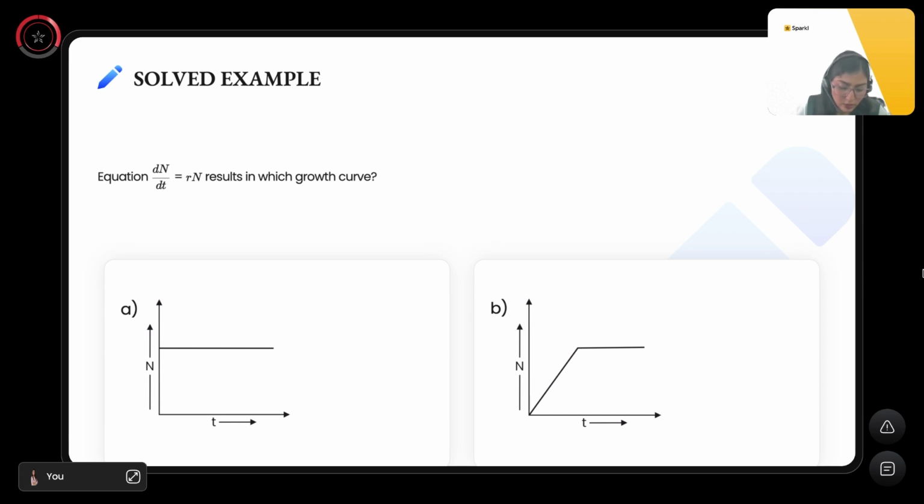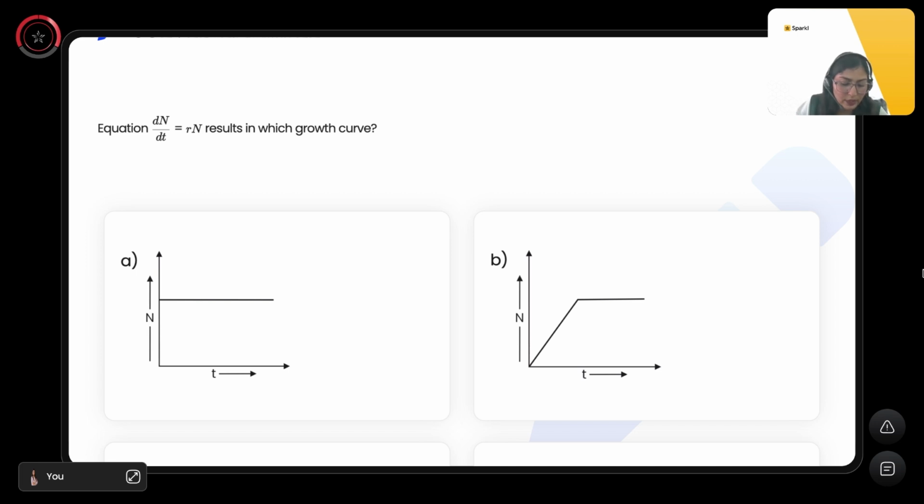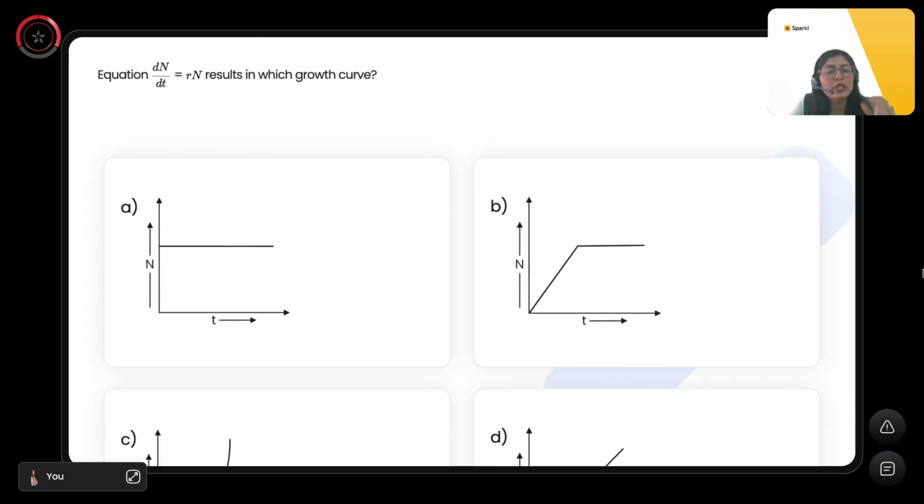The question here basically is asking you to find out again the growth models, which graph is being represented by the one given here. So if you see, there's an equation that they've mentioned, dN/dt equals rN. So this equation will result in which growth curve? So here, you have to memorize the equations for exponential and logistic growth curves.